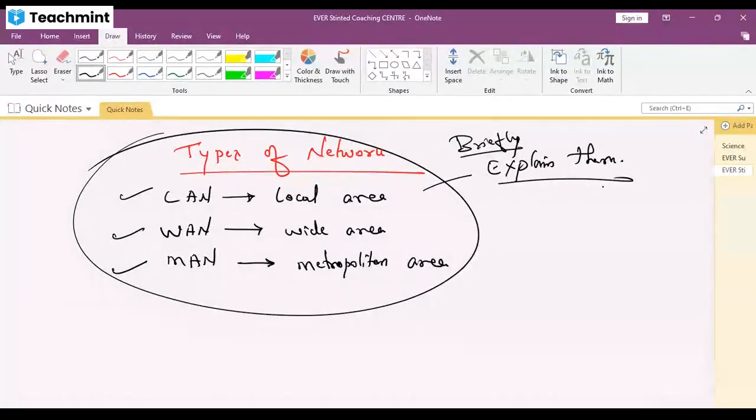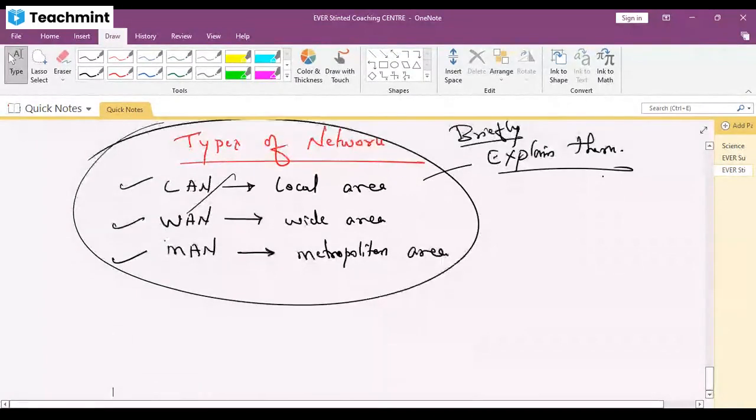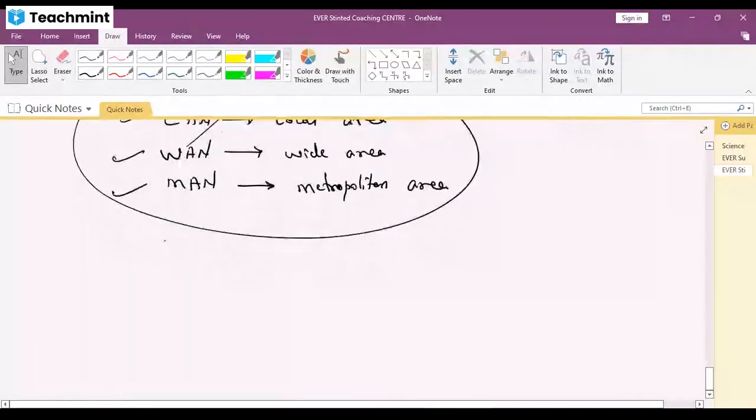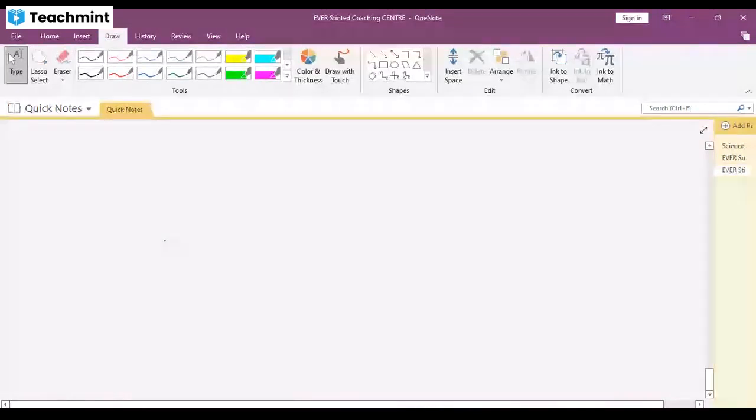Sometimes they may ask you to write the difference between LAN and WAN. Like this also they may ask the question. Got it? Yes, sir. Now you have to study this topic about different types of networks and briefly explain what is LAN, WAN, MAN. Just tell from where to where LAN is connected, from where to where WAN is connected, from where to where MAN is connected. Understood?